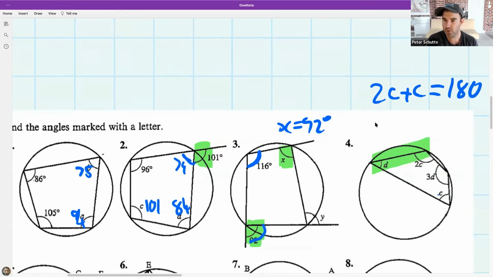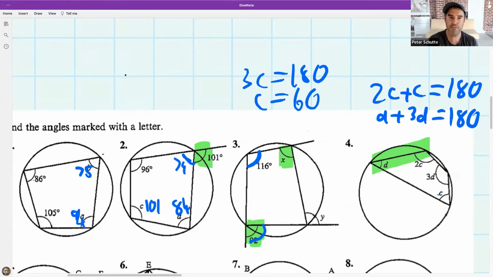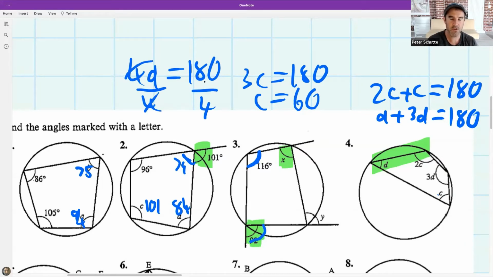And you can also say D plus 3D is 180. And then you can work out, okay, well, if 3C is 180, then C must be 60. And if 4D equals 180, you can either say 4 times what gives you 180 or divide both sides by 4. And then you get 45. So D would be 45.